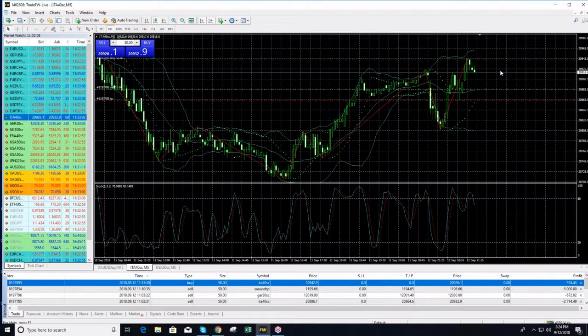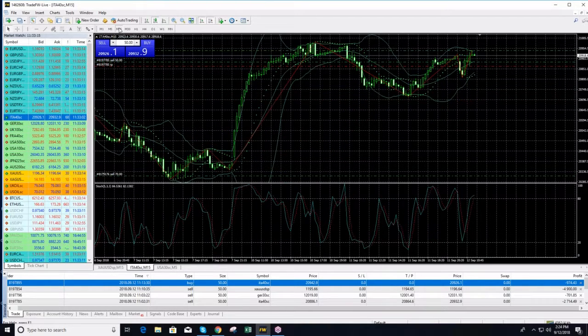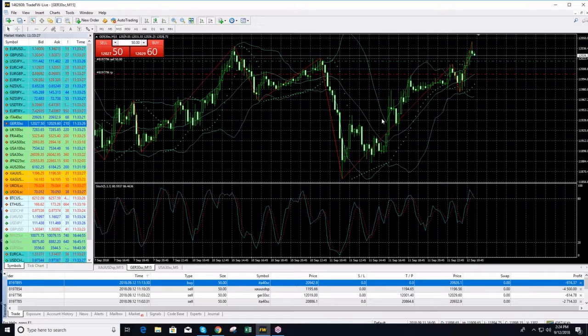Okay, now it's gold. Let me see. Now we are on the 15 minutes chart. We are also short on DAX, but I believe this was just a strong move up, and now it should go slowly down.